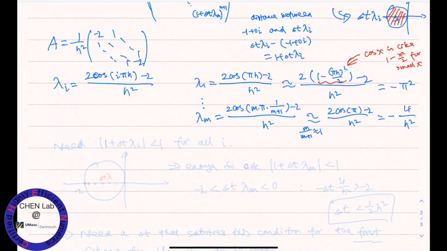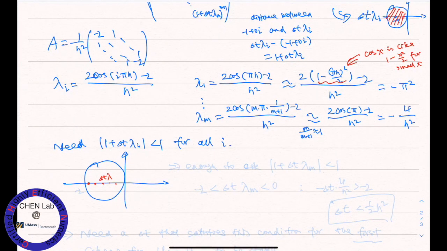So this means that, because of the diagonalization analysis we did, we need the magnitude of 1 plus delta t lambda I to be less than 1 for all I. Because all these lambdas are negative numbers, we need the delta t lambda to be in this region.